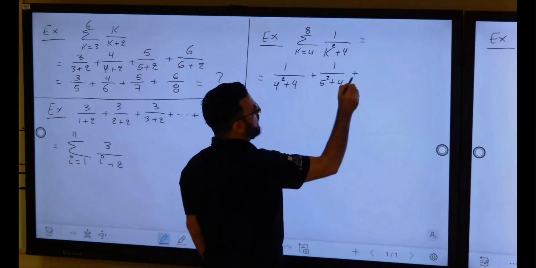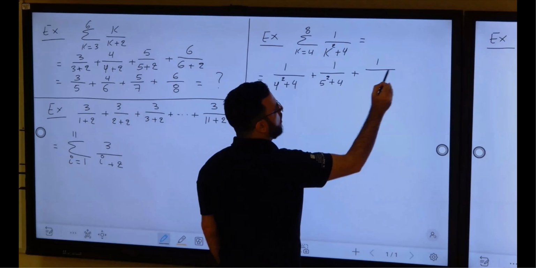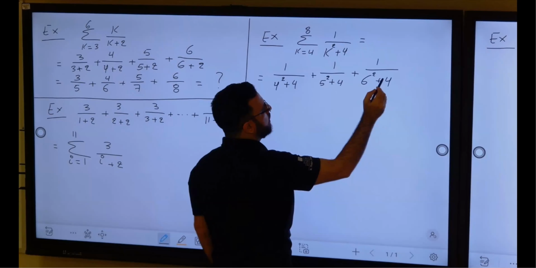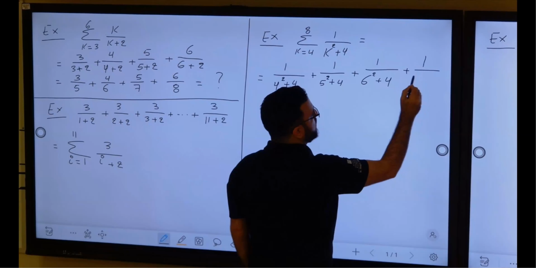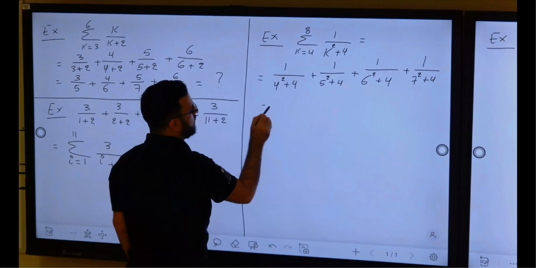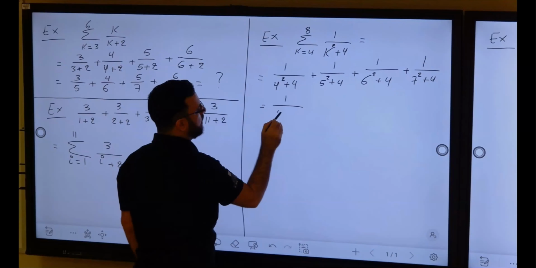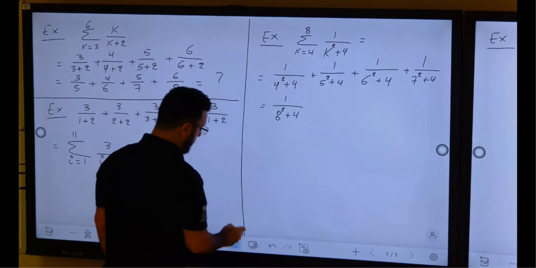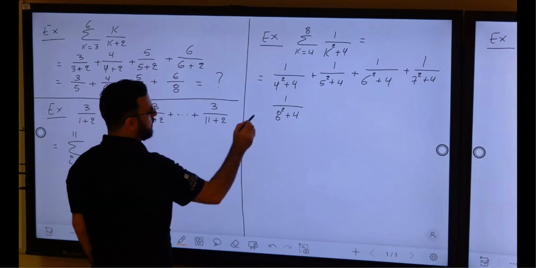Plus next term is going to be 1 over 6 squared plus 4, plus 1 over 7 squared plus 4, plus 1 over 8 squared plus 4 for the last term.